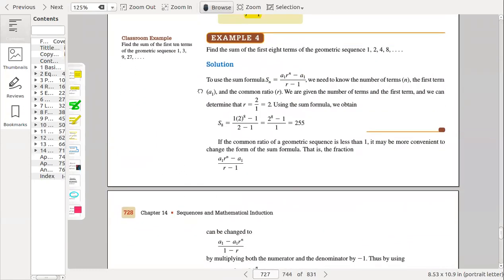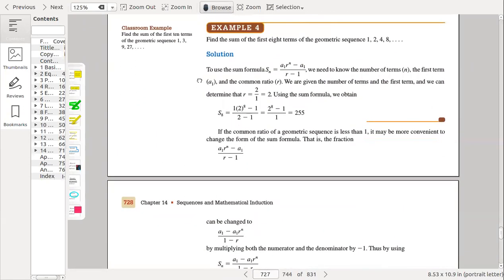Here is an example just to know how you will take a sum of the terms of a geometric sequence. Find the sum of the first 8 terms of the geometric sequence. This is a geometric sequence because it is given as one. You need to find the sum of the first 8 terms, but you don't know what the 8th term of this sequence is.